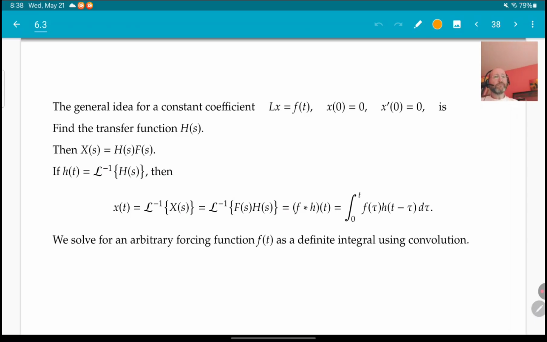So we really solved for any forcing function. Once you know this little h, you have a nice formula for the solution for any forcing function little f, for any right-hand side.